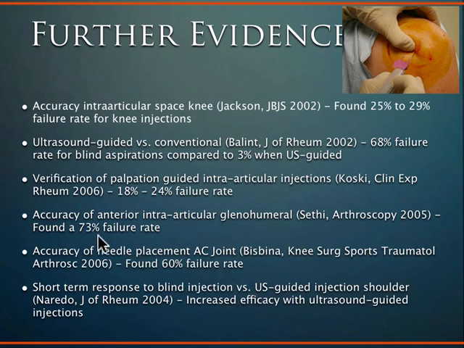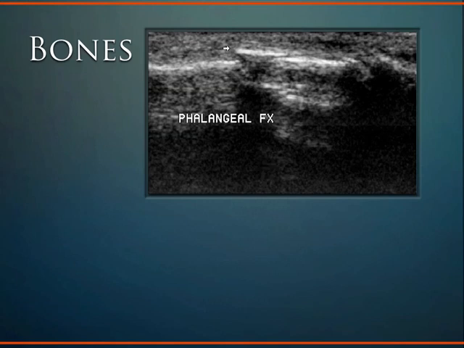Now these are maybe some outliers, but still alarming, how potentially inaccurate we can be with blind injections compared to ultrasound guidance: 68% versus just 3%. It's strikingly different. So using ultrasound guidance is starting to become a standard of care for most joint and soft tissue injections as the modality grows and more practitioners become comfortable with it.